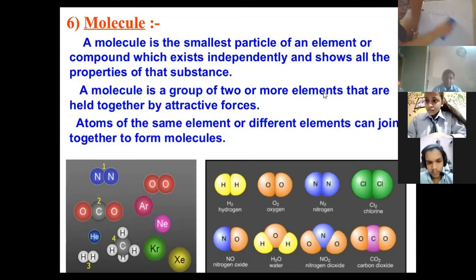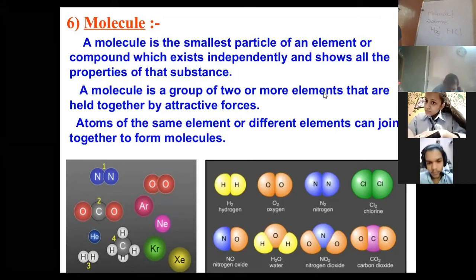Second, we talk about the diatomic molecule. Diatomic molecules are those where there is a group of two atoms. The two atoms can be similar or dissimilar. Then there are triatomic molecules, where there is a group of three atoms.